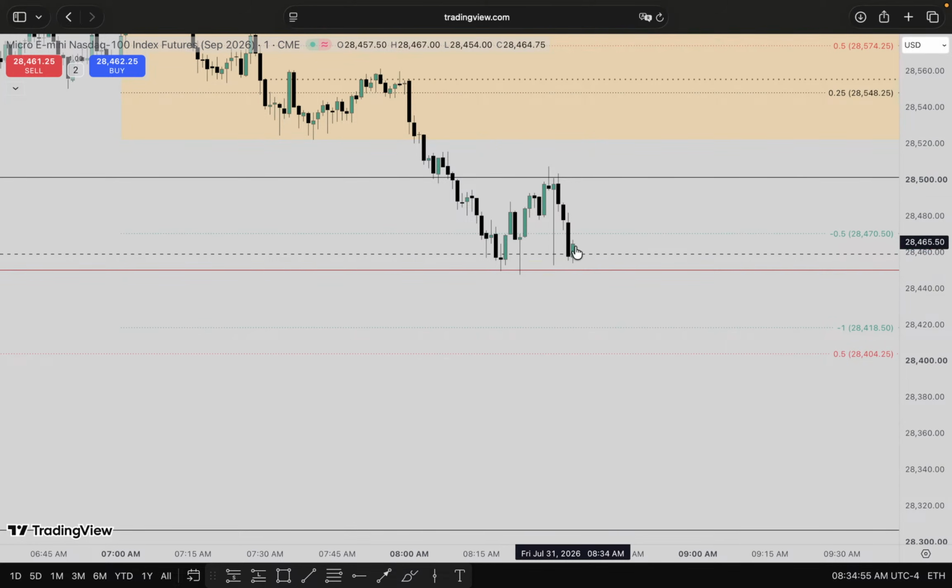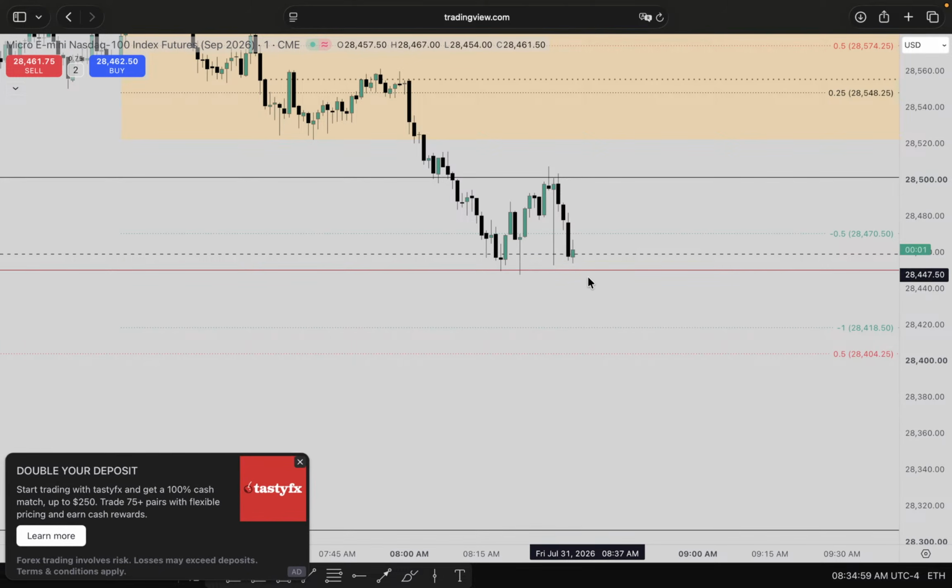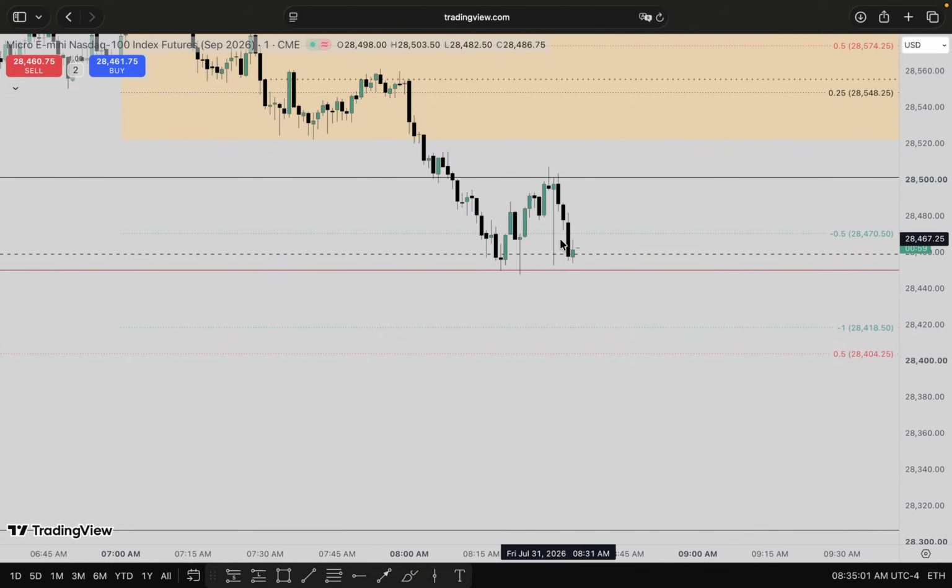It was extremely volatile, which is cool. I prefer it to take out this low and then show me it wants to push up higher. But we have to keep in mind that this is a 15-minute gap up in here. So it's really this high right here. So as soon as we take out this high, we'll be running inside of a 15-minute gap.